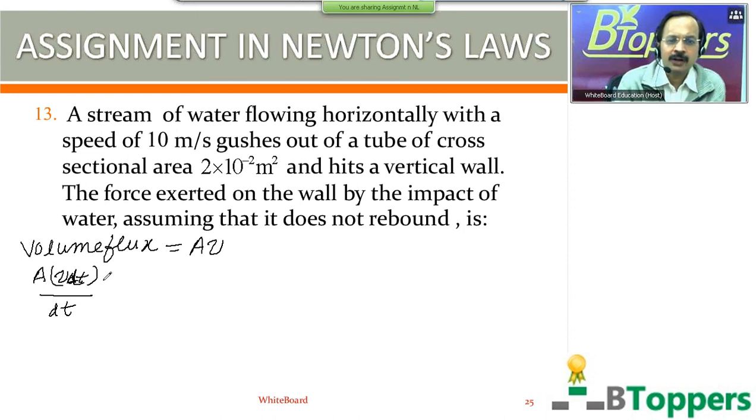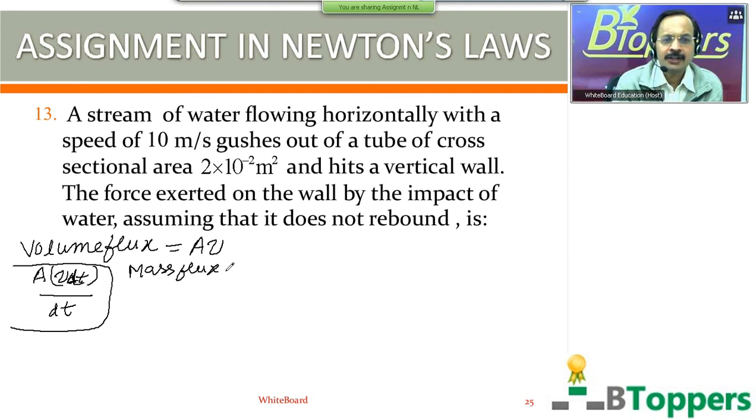So mass flux of water, that means mass of the water passing through any cross section of the tube per second, we call mass flux. Mathematically we write dm by dt.